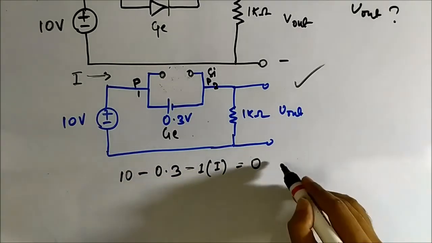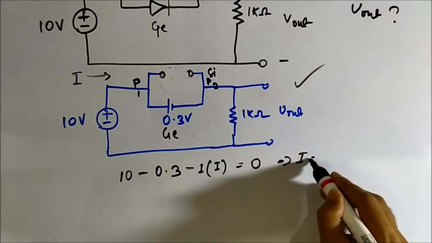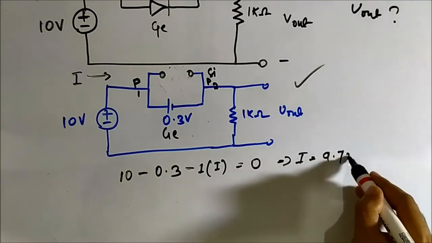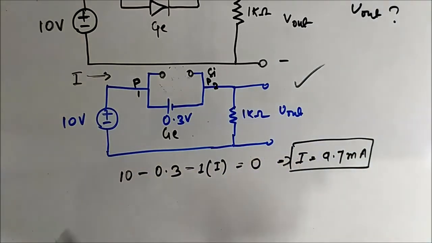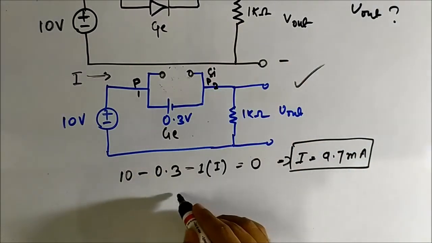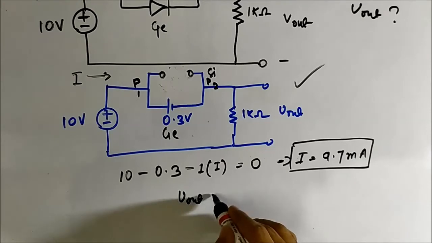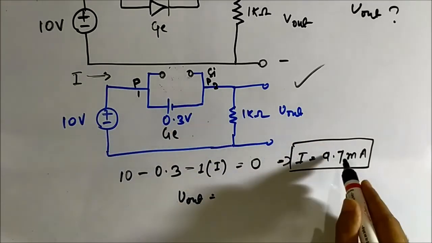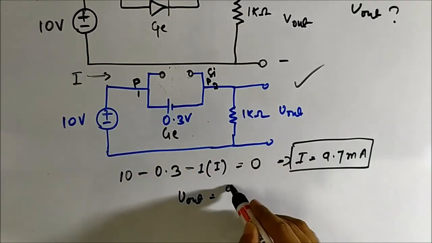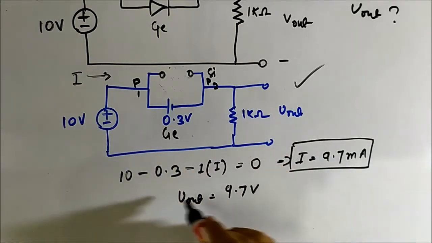That implies I is simply 9.7 milliampere, and V out is equal to 1 kilo ohm into I, which is 9.7 milliampere into 1 kilo ohm, which is 9.7 volt.